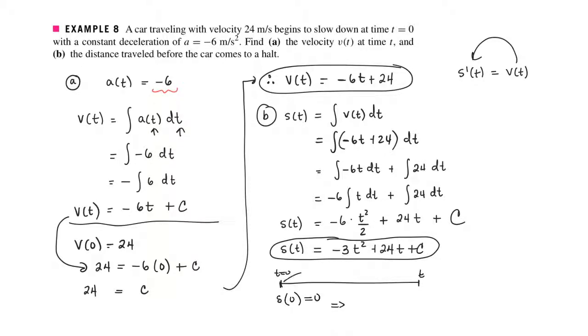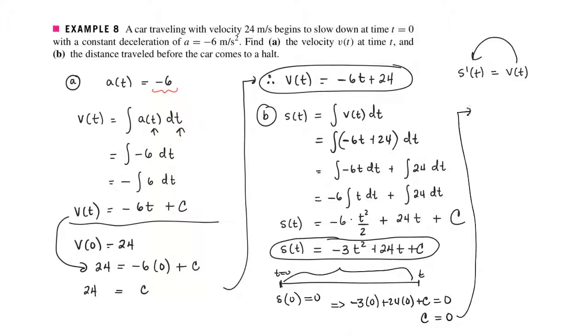Because what I really want is the distance after we started our stopwatch at t equal to 0. So if I let t equal 0 and set everything equal to 0, negative 3 times 0 plus 24 times 0 plus c equals 0, I find that c is equal to 0. So that tells me that I can just make my position function negative 3t squared plus 24t.